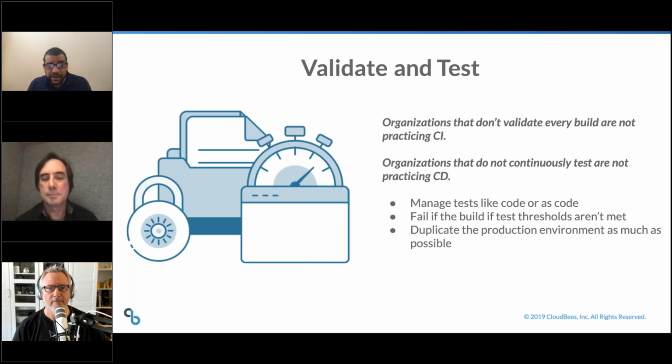So, a few key things around this: manage your tests like code, or as code. Really look at practices such as behavior-driven development and test-driven development to embed the idea of automated test and validation in the front end. Now, you may still do manual tests. Most organizations do. In fact, it's usually required.